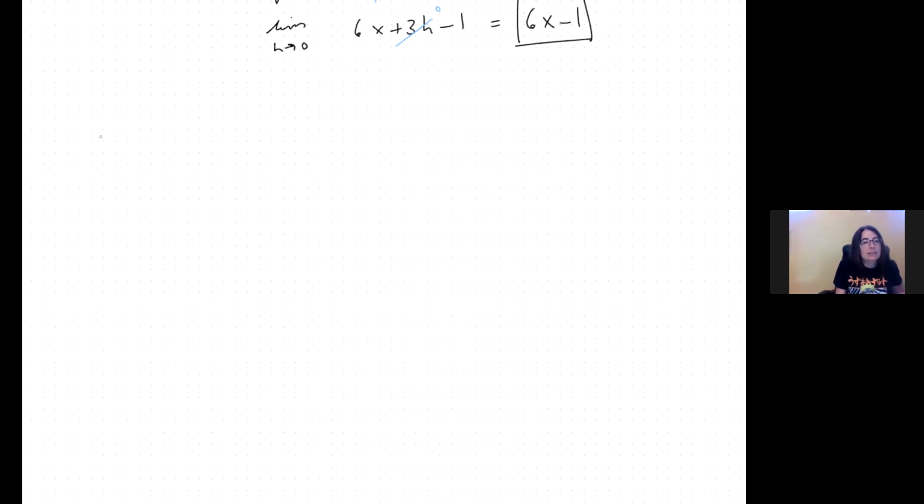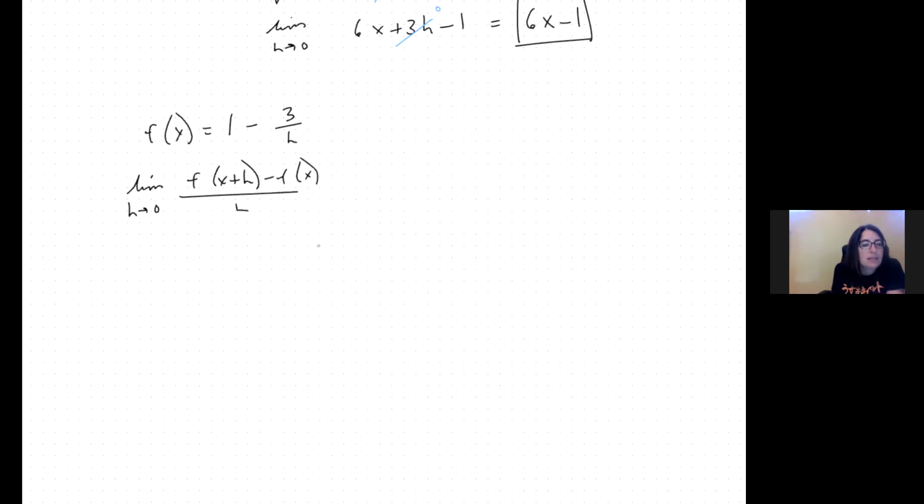Now, these get tricky because we will always have one of them that has a fraction: 1 minus 3 over x. So again, the limit as h goes to 0 of f of x plus h minus f of x all over h. So we start with this.